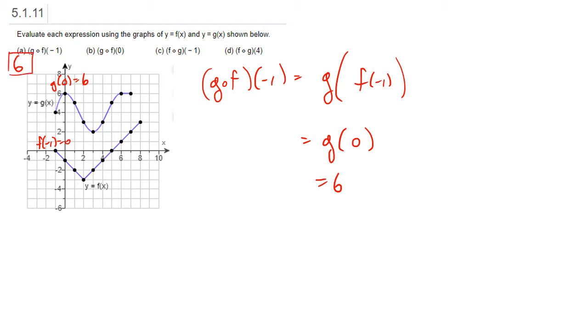So let's try similarly to find g of f of 0. So g of f of 0 means first compute f of 0 and then plug that into the function g. So looking at the graph of the function f, if I plug in x equals 0, it would appear that f of 0 is equal to -1.